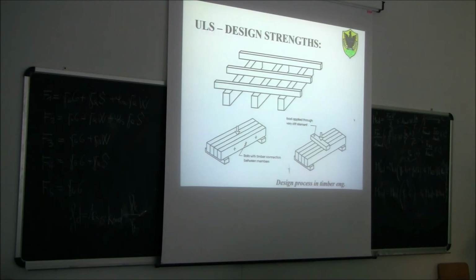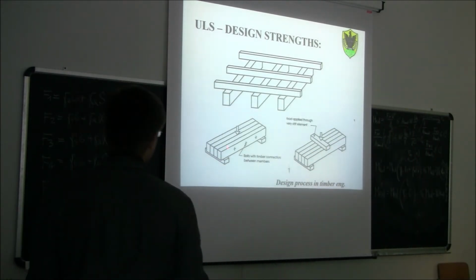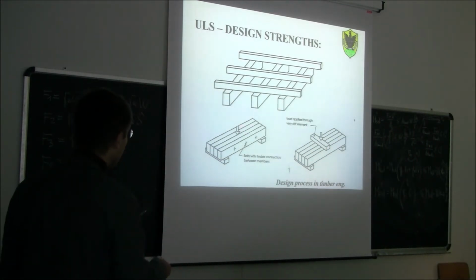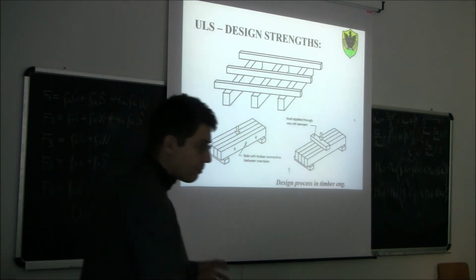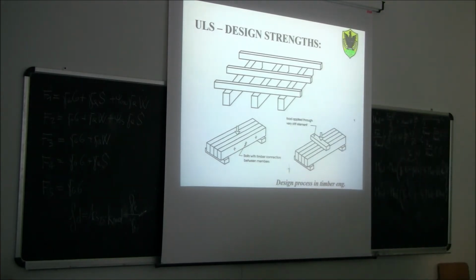Since these elements are connected together, they work more as a system than independently. It means that if I apply a point load on one beam, it's not only that beam responding. All the beams respond because they are connected together. Okay?